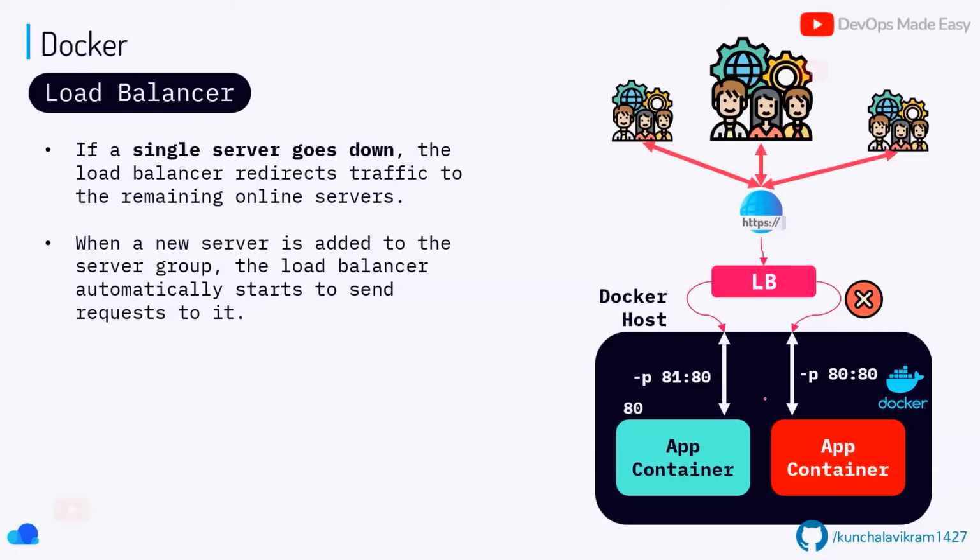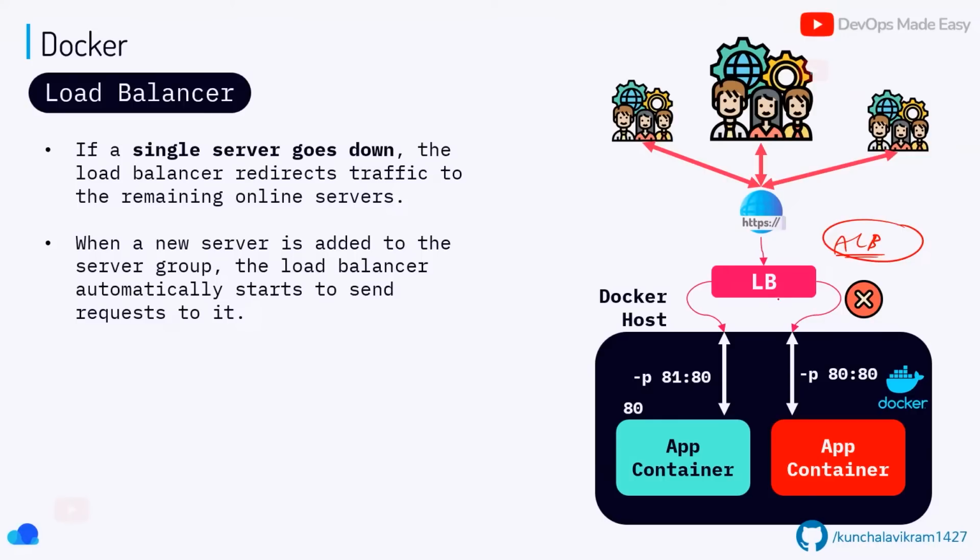One more thing, from the network perspective. If app container and DB container are in different networks, should LB be part of both networks? That's why it is ALB. If you see ALB, it sits outside your Docker host.